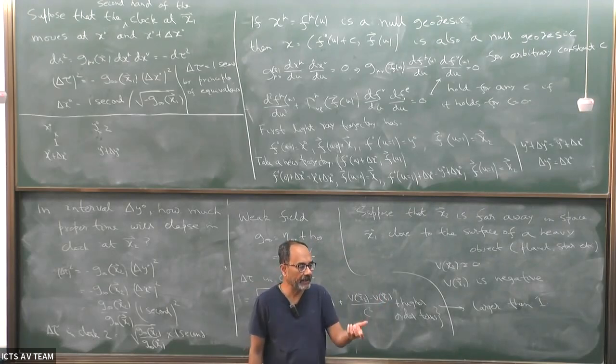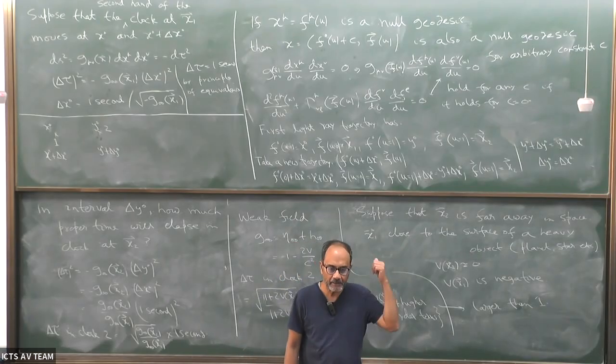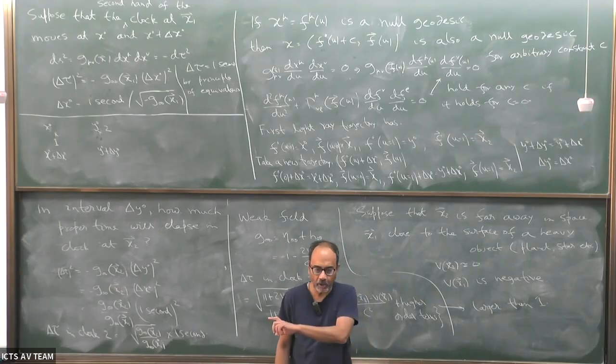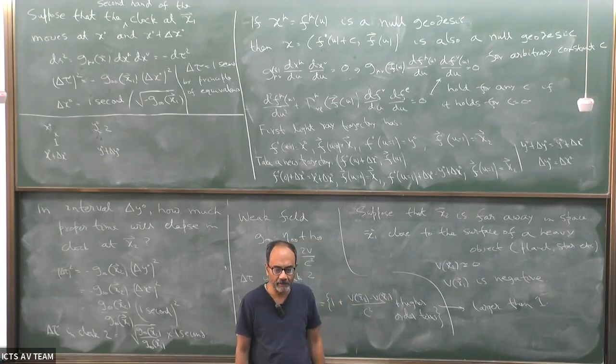It's taking longer than 1 second between 2 ticks, because that observer only has the clock that runs delta tau of 1 second for every tick. Whereas for the clock on the surface, 2 successive signals reach at a larger interval than 1 second. So the conclusion is that the clock on the surface is running slower.